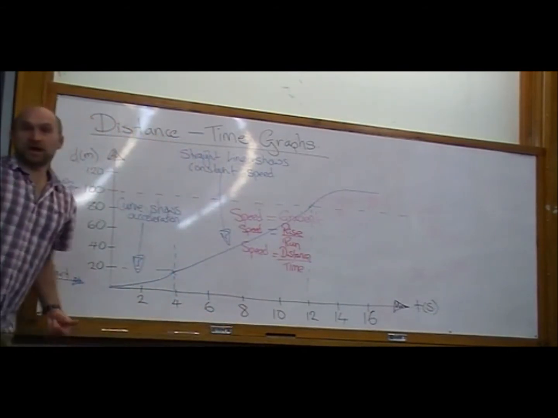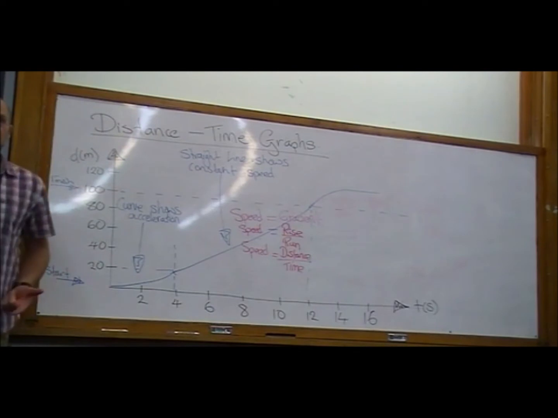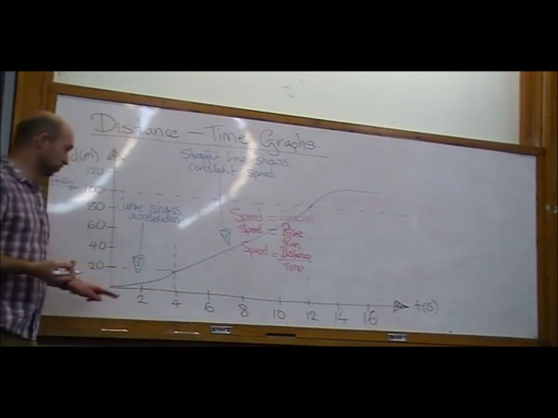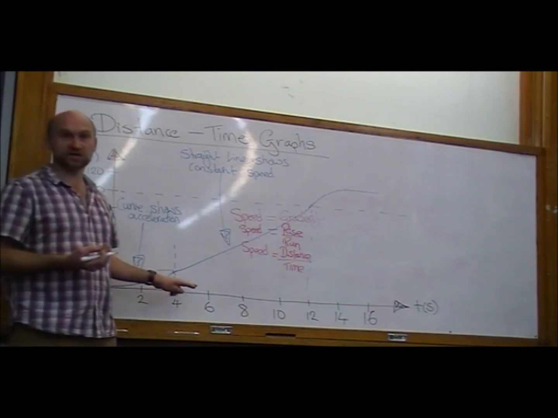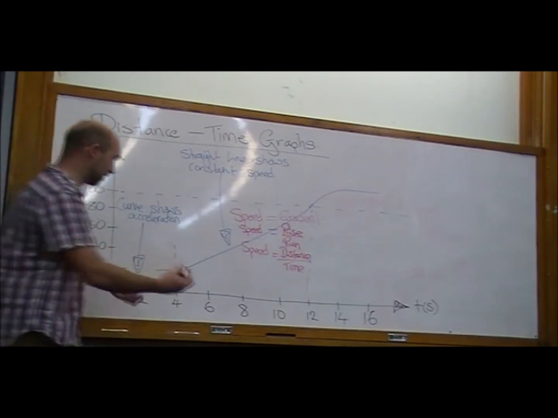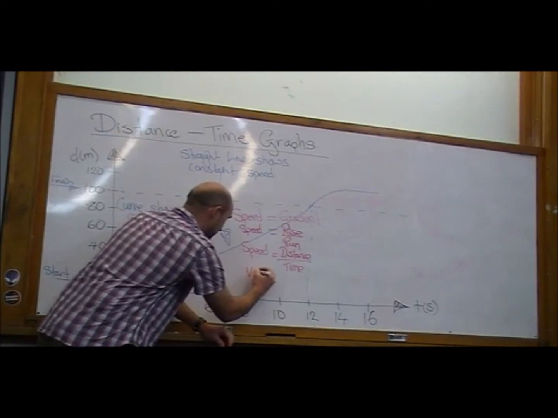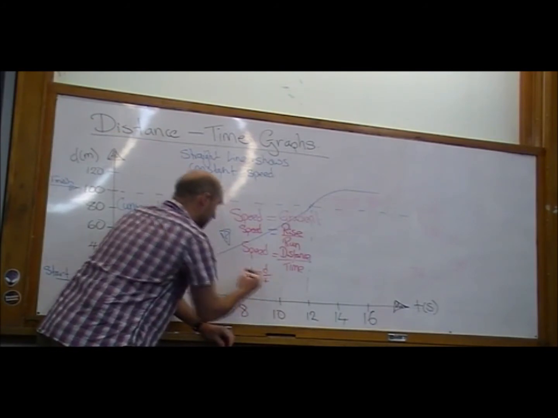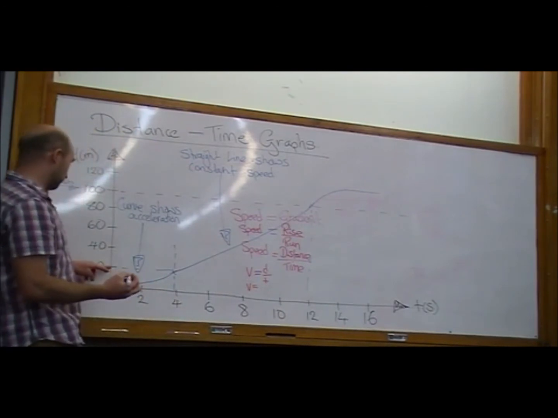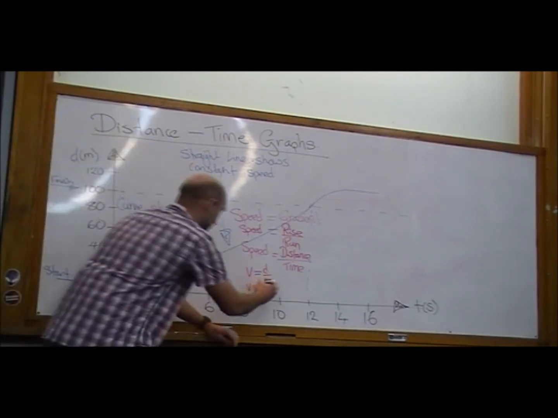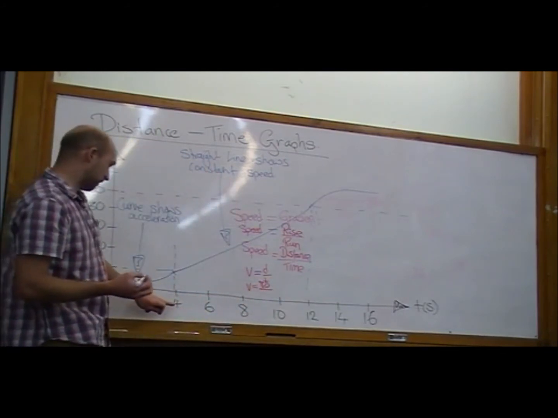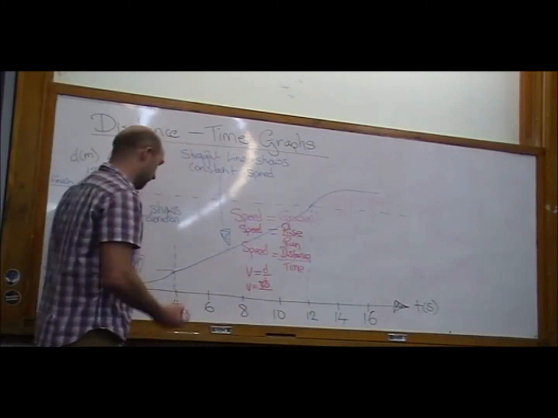And so a legitimate question that you might get in your exam was calculate the speed that was travelled during the section of constant speed in the race. And so we look at it and we're like, okay, speed equals distance over time. Speed equals distance. We've gone from 20 up to 100, so 80 over time. We've gone from 4 up to 12.